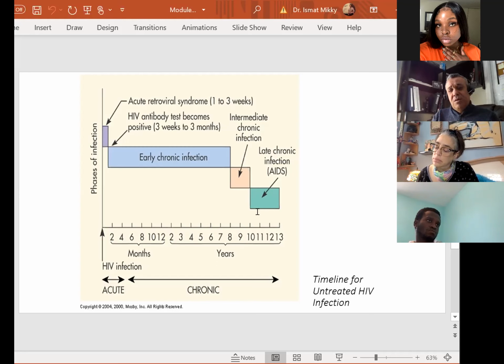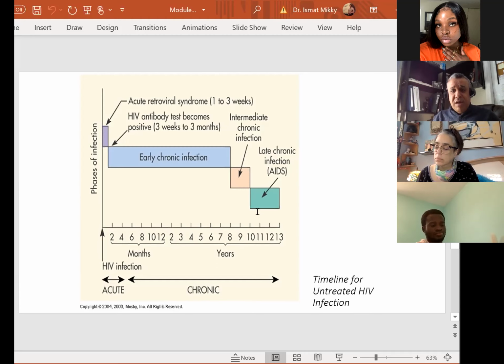But if the patient later on develops any of these opportunistic infections or other criteria, like wasting syndrome, another criterion for AIDS, we will say that the patient has deteriorated to the late, delayed and chronic phase, which is called AIDS. So HIV positive versus AIDS, that's the difference between them.